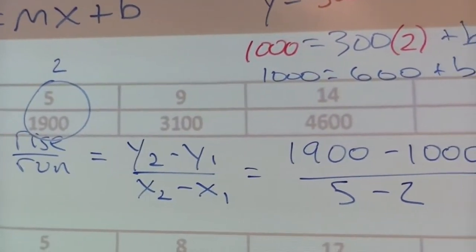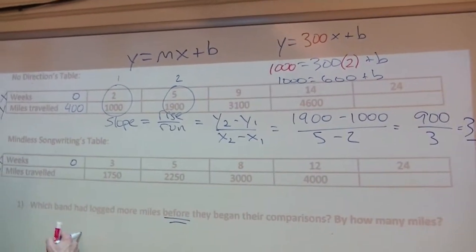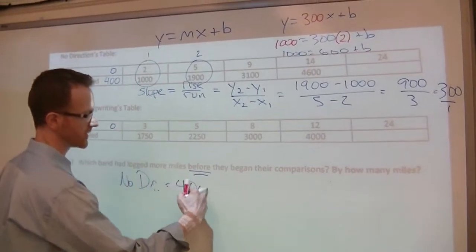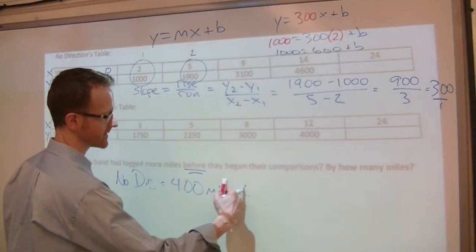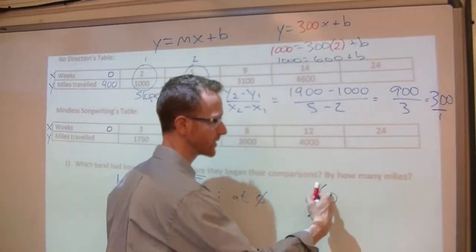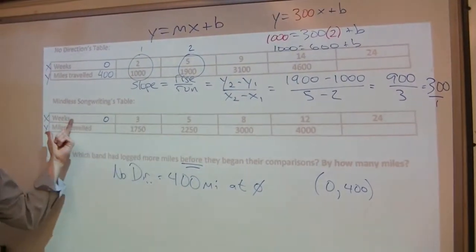So No Direction has 400 miles before they began their comparison. So we'll make that note here. No Direction, 400 miles at 0. And when we graph that, that is one of the first points we want to graph. 0, 400. We'll do the exact same thing for Mindless Songwriting.